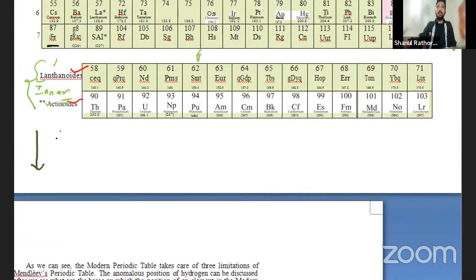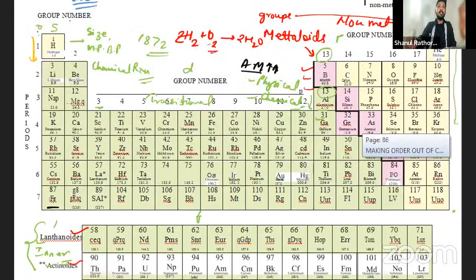As we go down the group, the atomic size will increase, atomic number will increase, atomic mass will increase. In the same group, if we go down, we will get these three properties. And the similar group possesses similar properties, as we talked earlier.